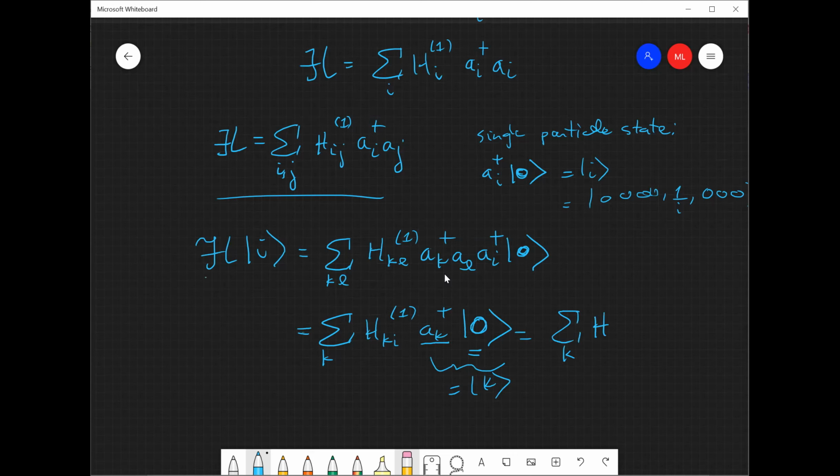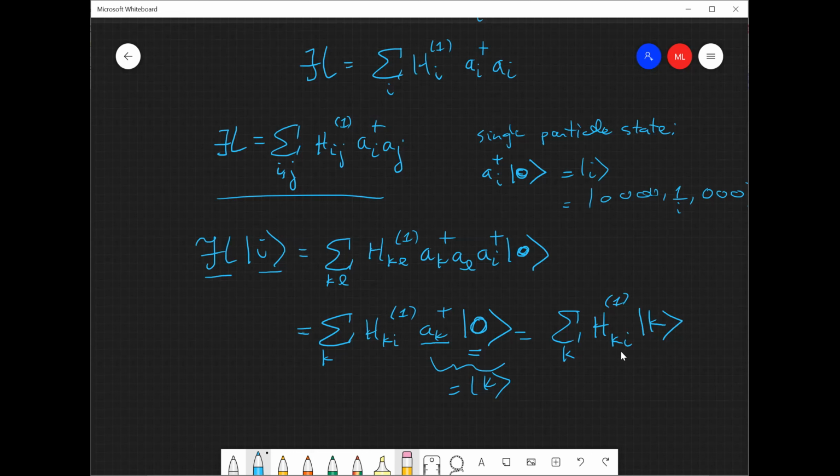In general, if you act with an operator on some state I in our Hilbert space, you'll get a linear combination of your basis states for that single state, and that's exactly what happens here. So this expression looks exactly like what you would have in a single Hilbert space, the single particle space.